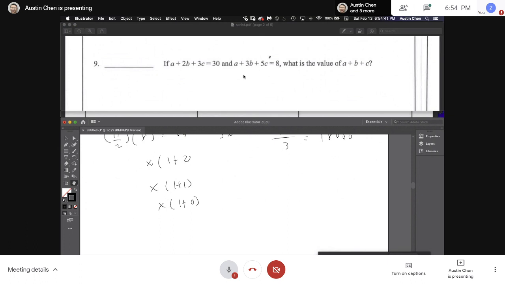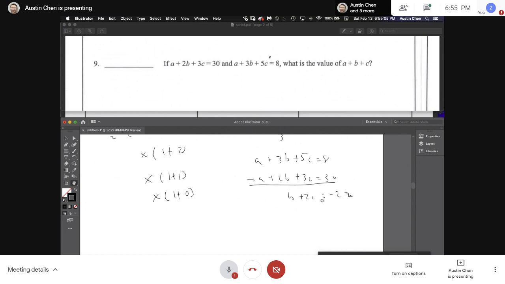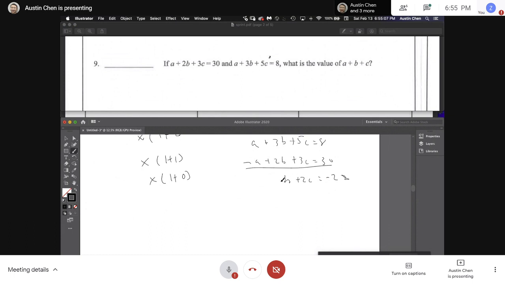Another way you can do this is there's a bit of a clever way to add these equations together. You can take the a plus 3b plus 5c equals 8 equation, and you can subtract the other equation from it, and then you have b plus 2c equals negative 22. And then what you can do is subtract this from a plus 2b plus 3c.